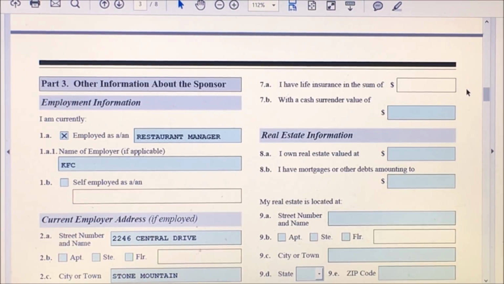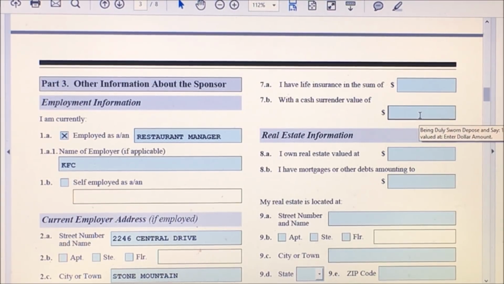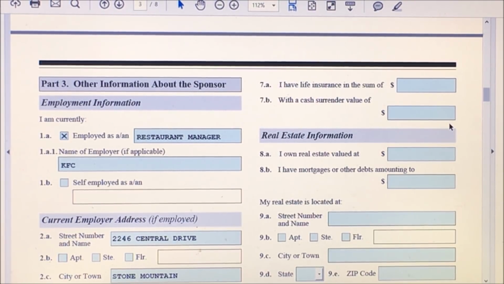Since my petitioner doesn't have an insurance, so leave it blank. So with the cash surrender value of, if you have only term life insurance, the cash surrender value is 0. Otherwise, write the appropriate value. You may ask your insurance company or insurance agent if you are not sure.